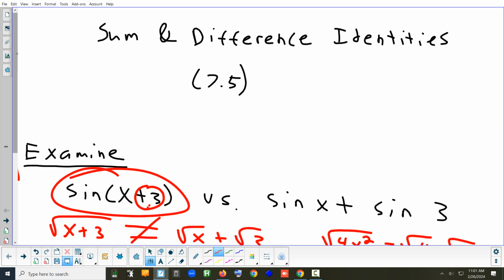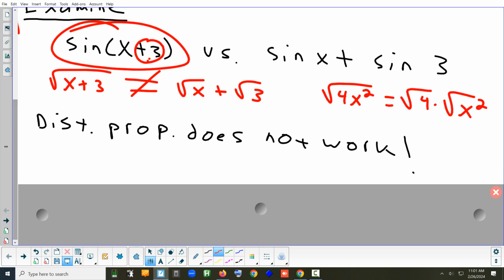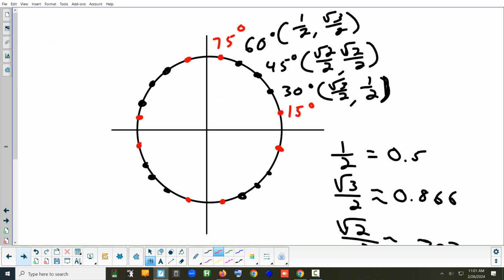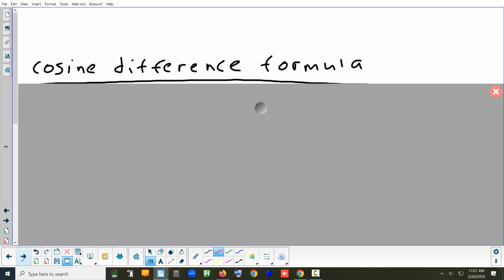We're not going to start out with the sine of a sum. We're going to start out with a cosine one. Which one do we start with? Difference. Okay, we're going to start with the cosine of a difference. This particular formula, I'm not going to prove to you. You can prove it. It's a little bit complicated to prove.